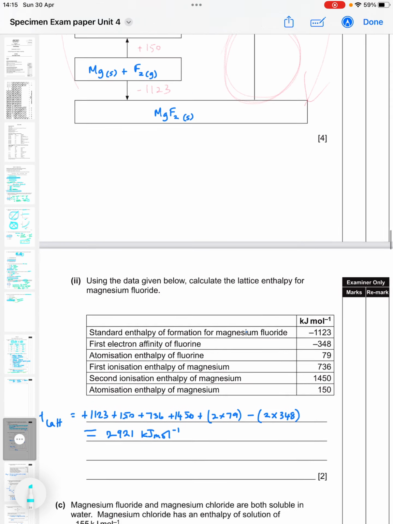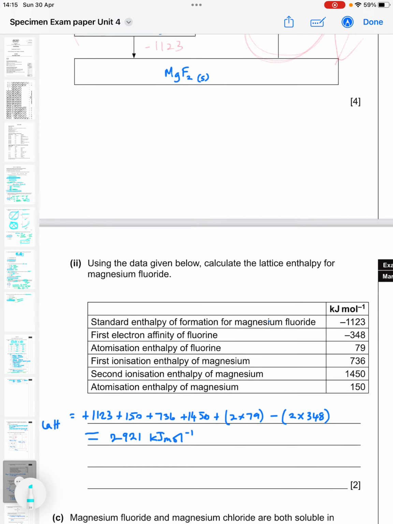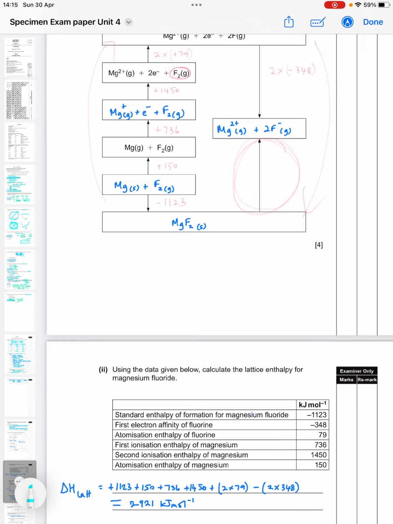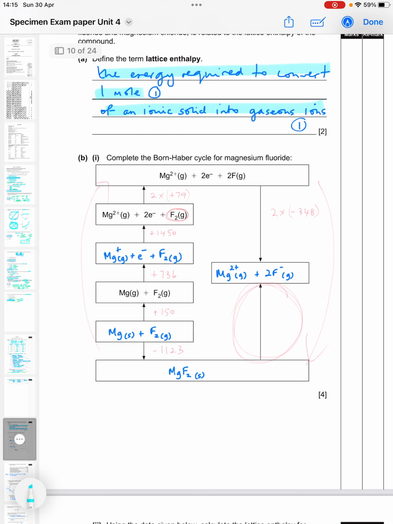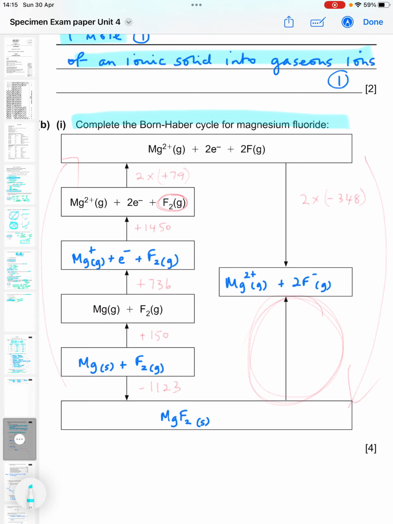And the Born-Haber cycle for magnesium fluoride is shown, but there are bits missing. So we'll come back to that in a second. So using the data given below, calculate the lattice enthalpy for magnesium fluoride. So the first thing was to complete it. Sorry, missed that. So at the bottom then, it's for magnesium fluoride.